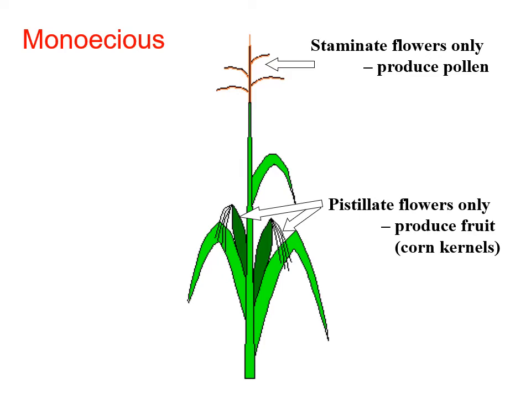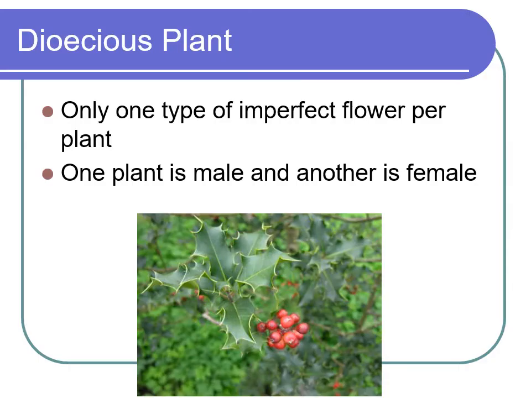So monoecious plants have both gender flowers on the same plant, mono meaning they need one plant. Dioecious, right? Only one type of imperfect flower is on each plant. And here's a holly. You have both male and female holly bushes. When you get to gender with plants, especially in the landscape horticulture world, it's important to understand which one you want for customer satisfaction.